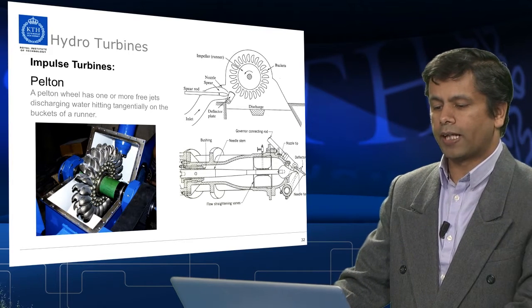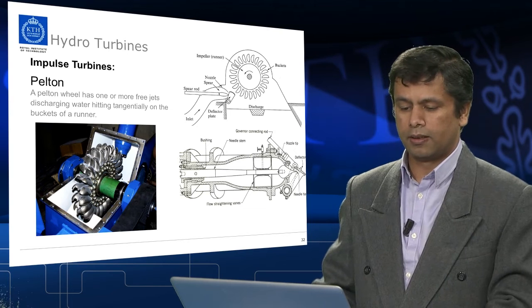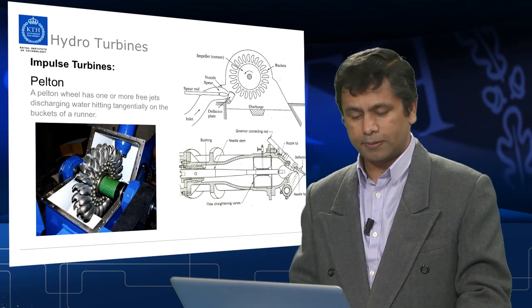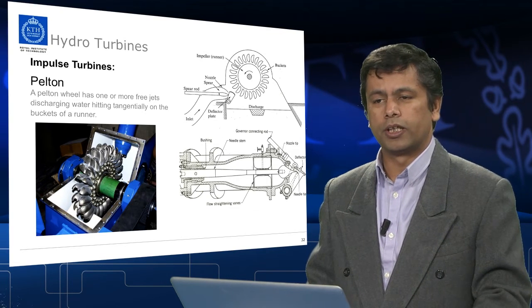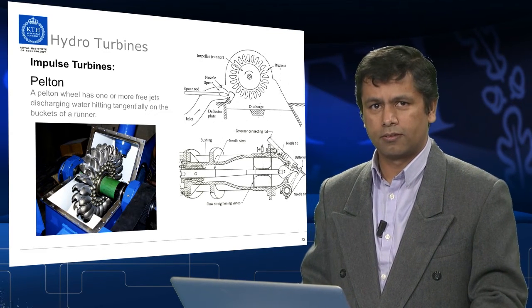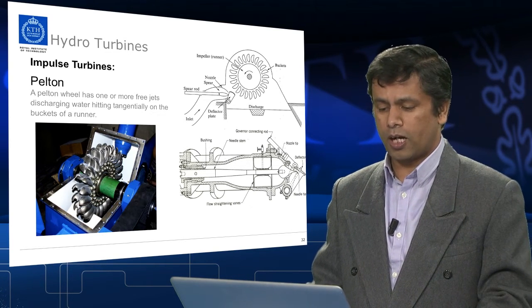I would like to give examples of impulse turbines. The Pelton turbine is one example of an impulse turbine, and Pelton turbines are normally used for high head projects. In the Pelton turbine, you have runner buckets.